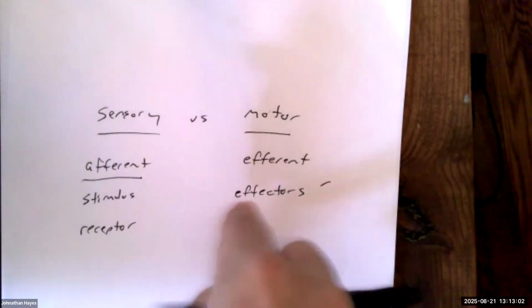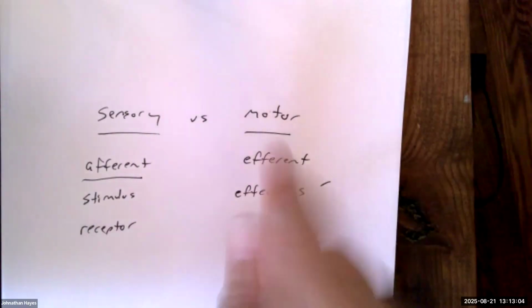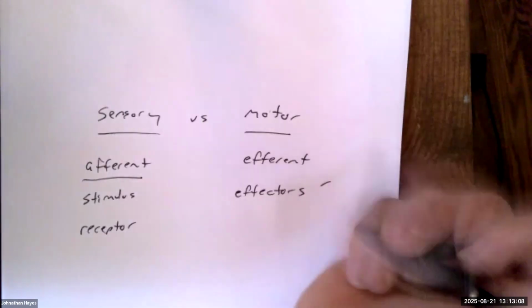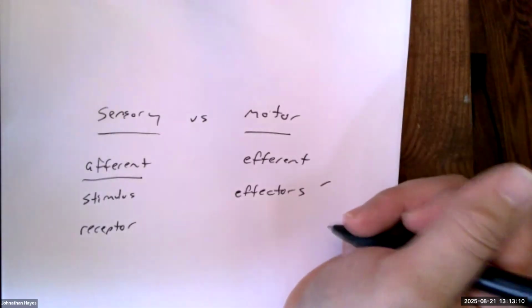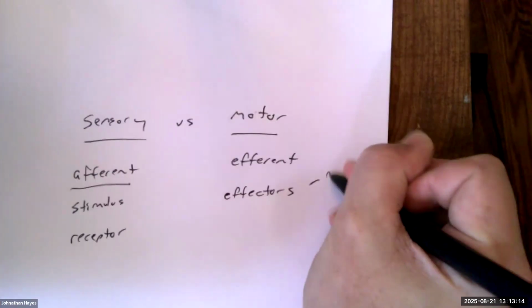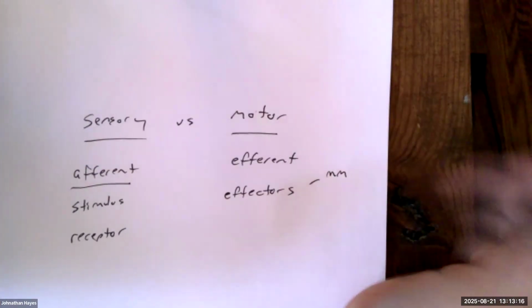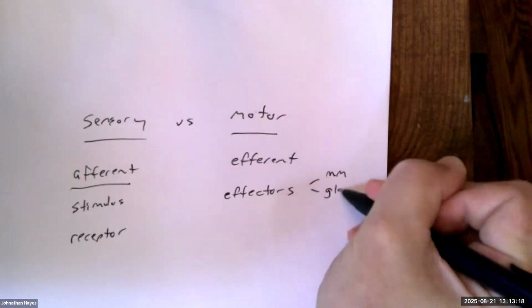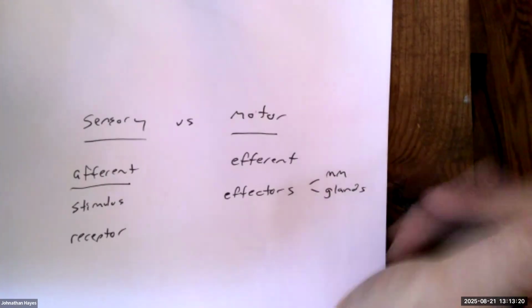These don't necessarily have to coincide with each other. Afferent and efferent do, but stimulus and effectors don't necessarily have to coincide with each other. But effectors tend to be either muscles, MM is an abbreviation for muscles, or glands.